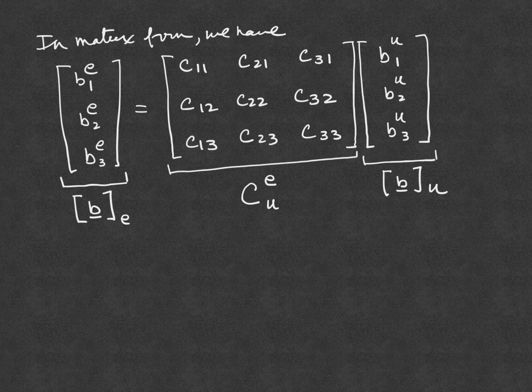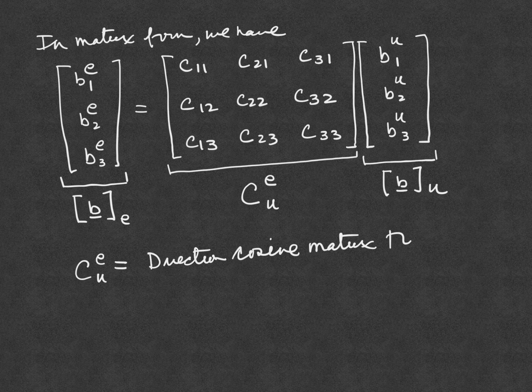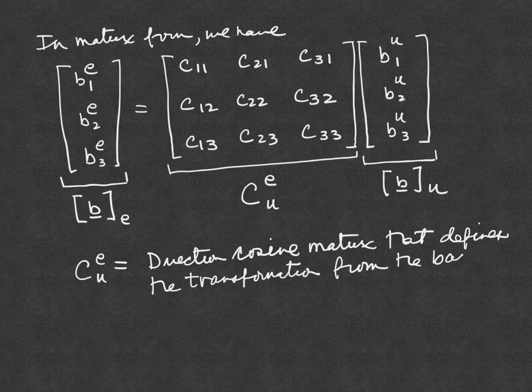In the end, what I wind up with is this matrix C^UE. This is a direction cosine matrix that defines the transformation from the basis u to the basis e.